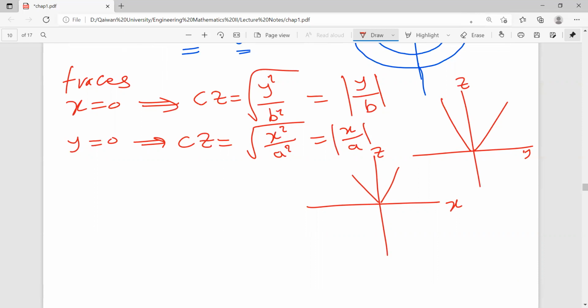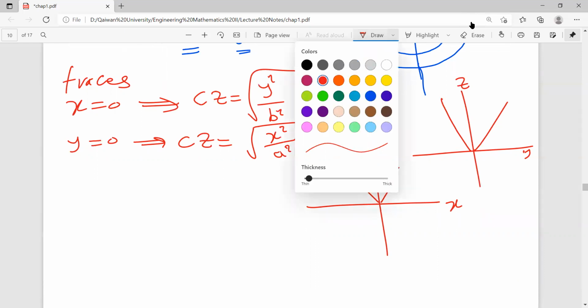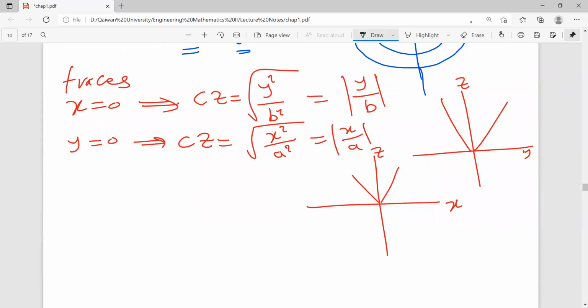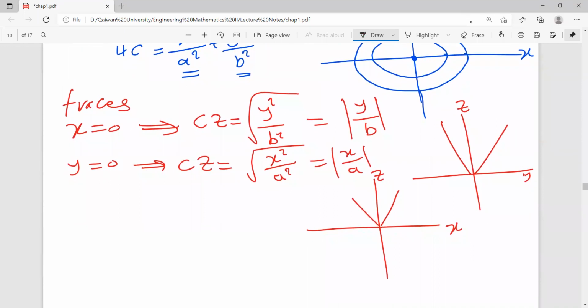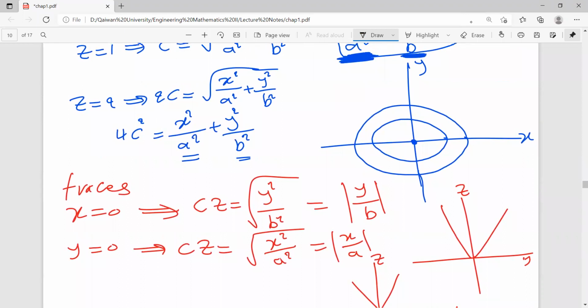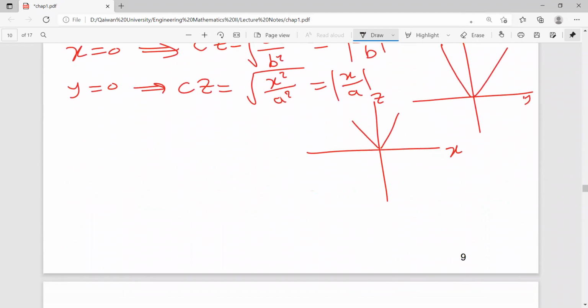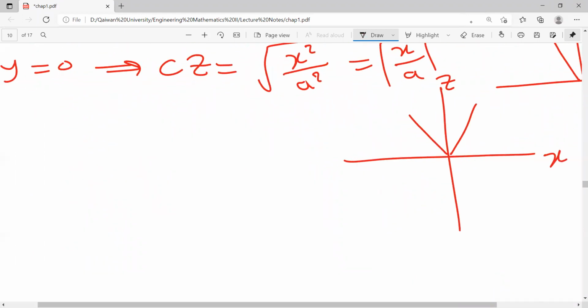Then we combine them. To combine these three graphs, first we draw the traces, then the level curves.